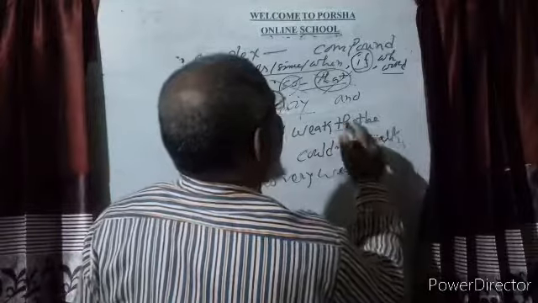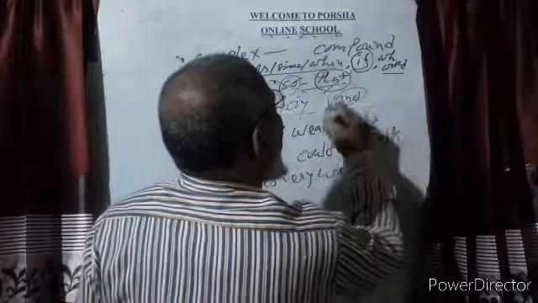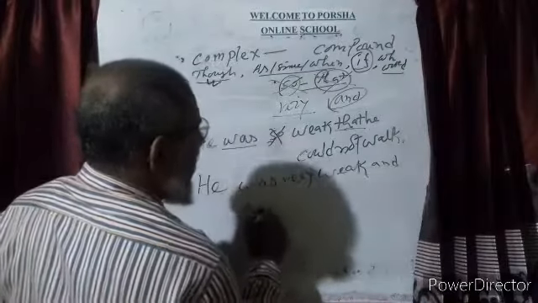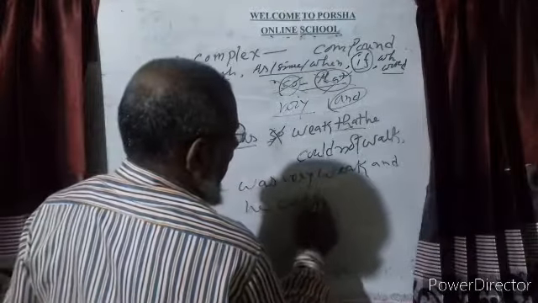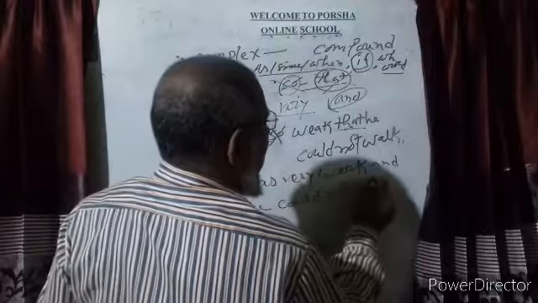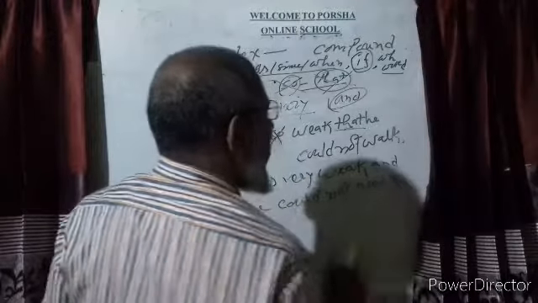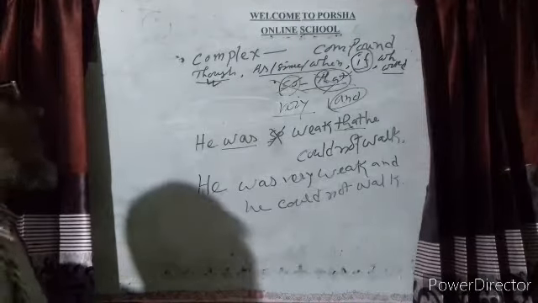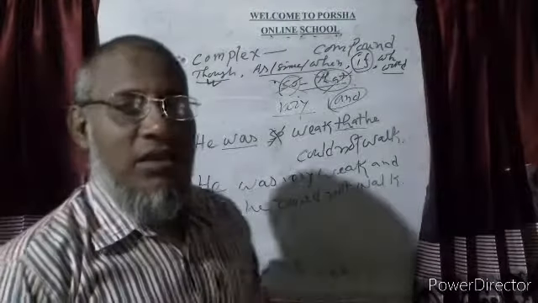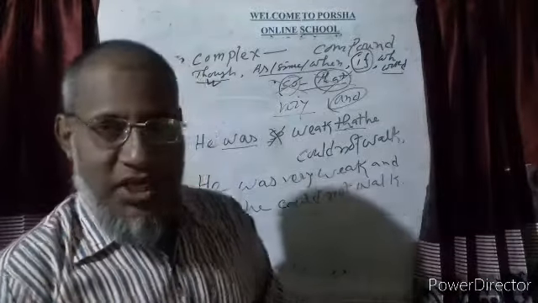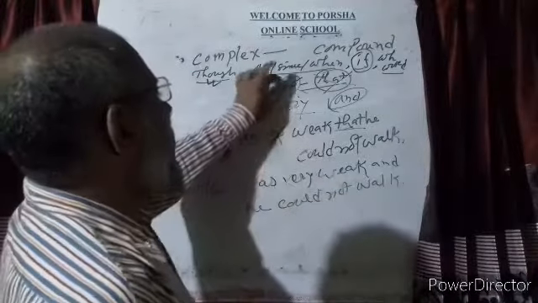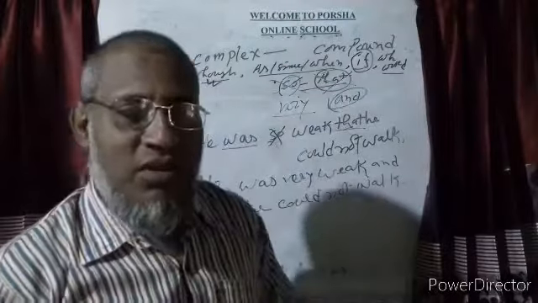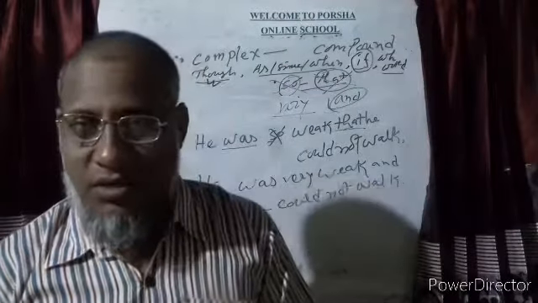Then that, in lieu of that, and will be used, and he could not walk. This is the compound form of this sentence. My dear student, have you got the idea? If the complex sentence is with so that, the compound form will be very easy. In lieu of so, very will be used, and in lieu of that, and will be used. Only two activities you have to do.